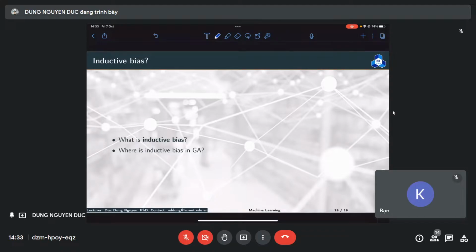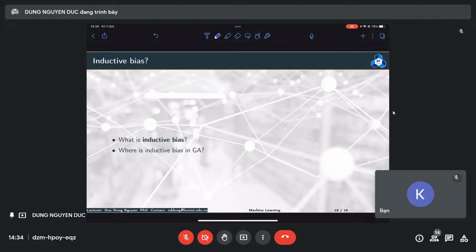Inductive bias is some sort of assumption, the prior assumption that you make before you design the models. Or, in other words, this is the assumption associated with the models. Okay. So in GA, what is the inductive bias?